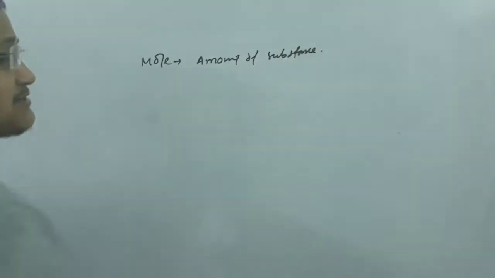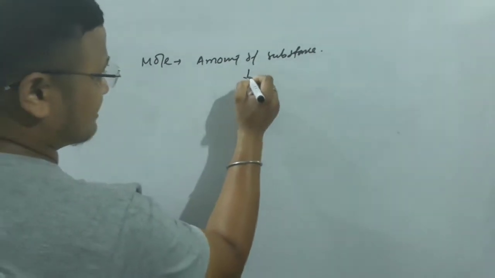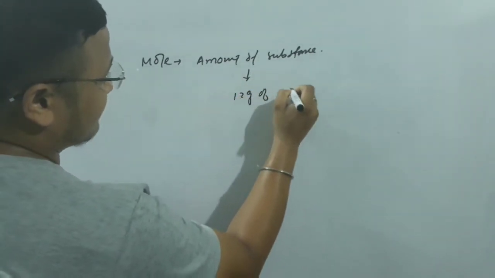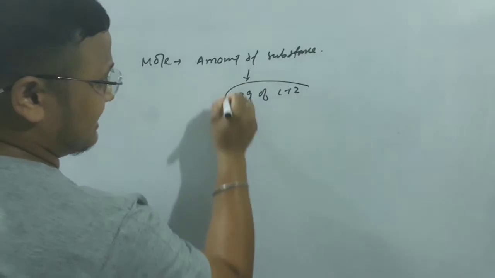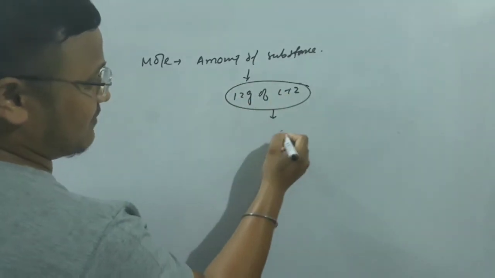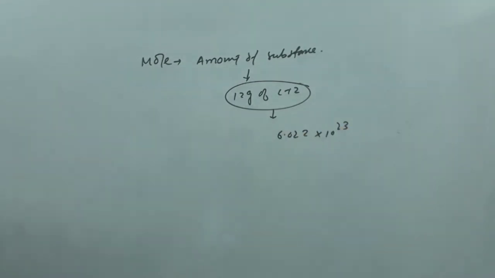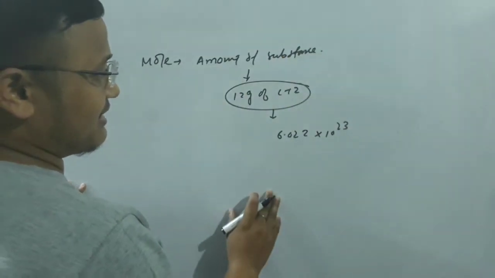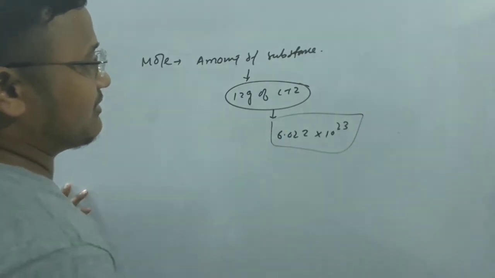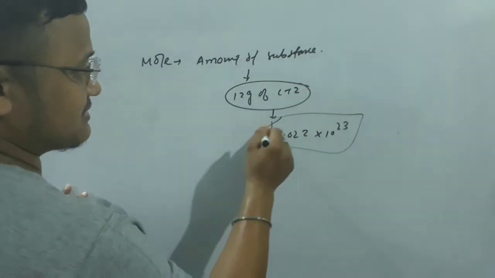The amount of substance we are talking about is 12 gram of carbon 12 isotope, and the number of atoms present in it is equal to 6.022 into 10 to the power 23. So we are saying it is the amount of substance which contains the same number of chemical entities as present in 12 gram of carbon 12 isotope. That means this particular value.